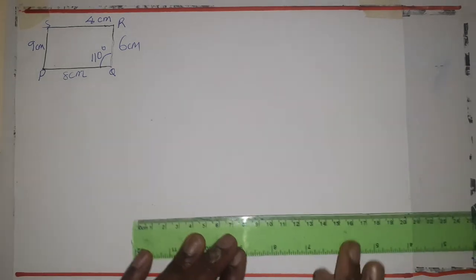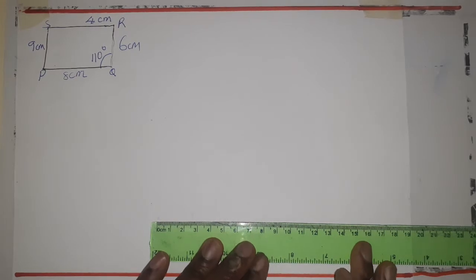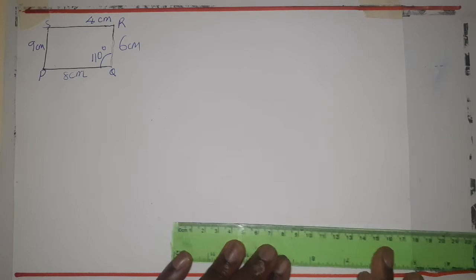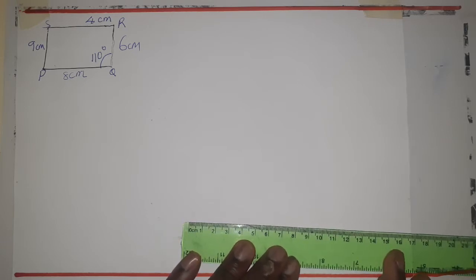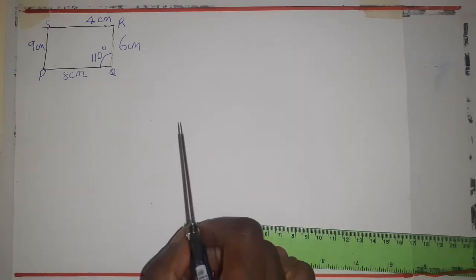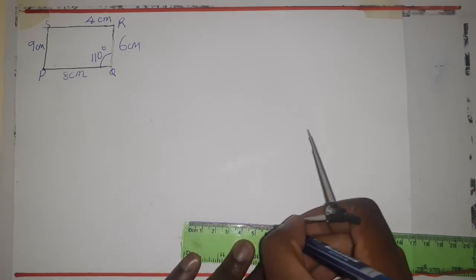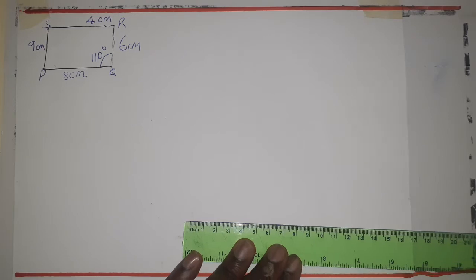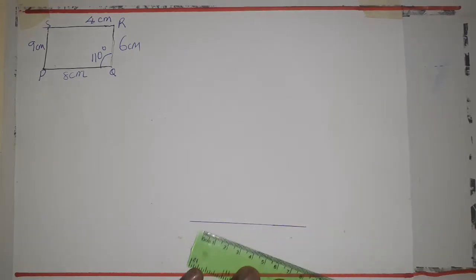The first one is 8 centimeters. From P to Q, we need 8 centimeters. We are starting from 0, we go up to... I have exceeded 8 centimeters. So please, I'm sorry about this one.